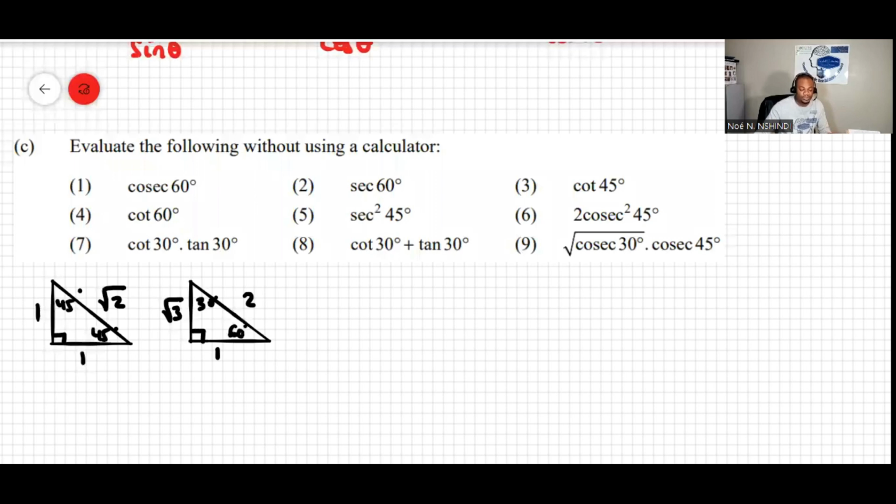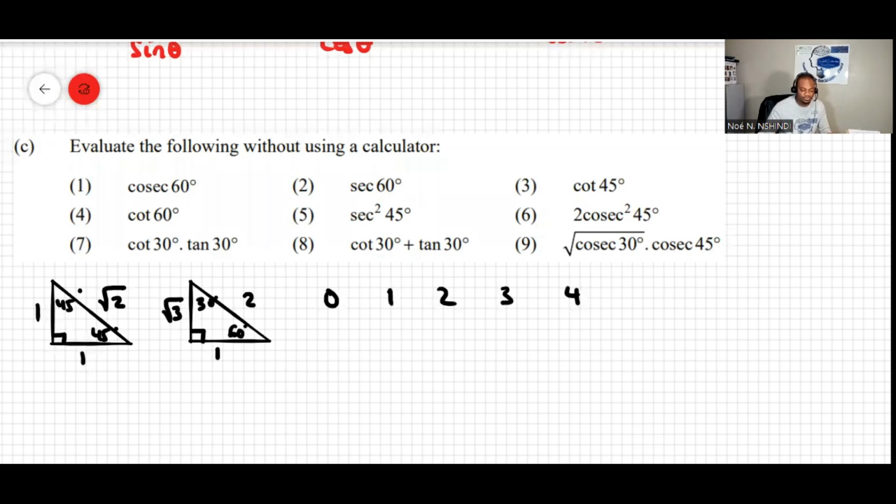Or you can also do the other thing I showed you. You write 0, starts from 0. Write 0, 1, 2, 3, 4. Okay. And then I'm just trying to find the value of special angles.